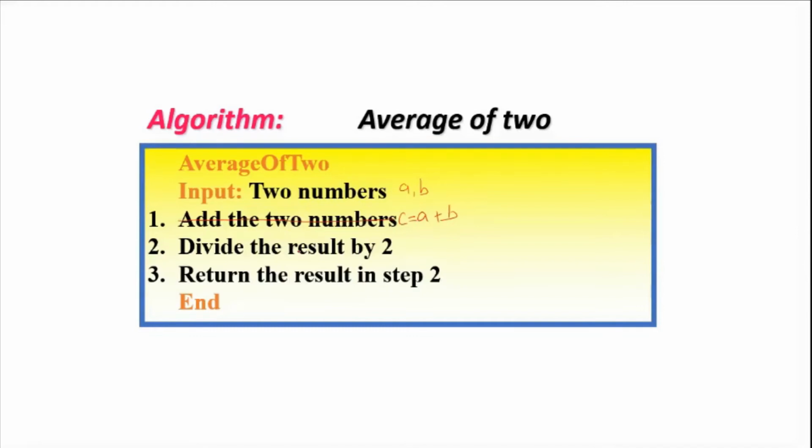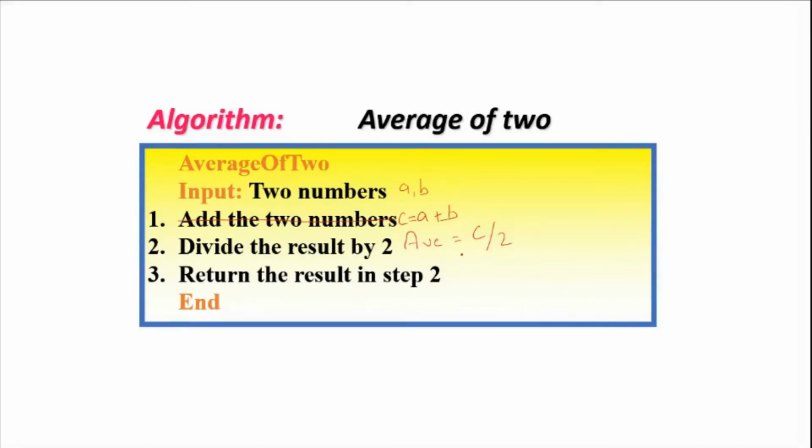Then divide the result by 2. So the final result, or the average, say AVE, average equal to C by 2.